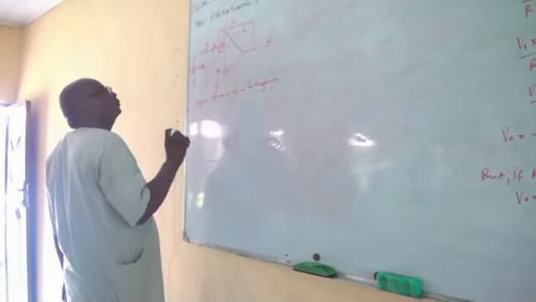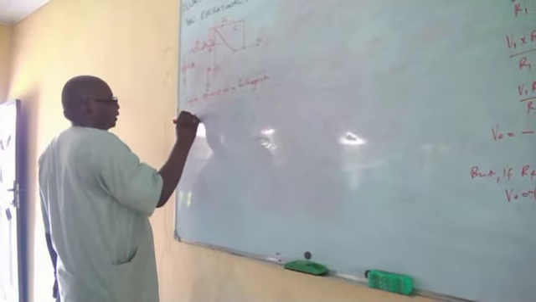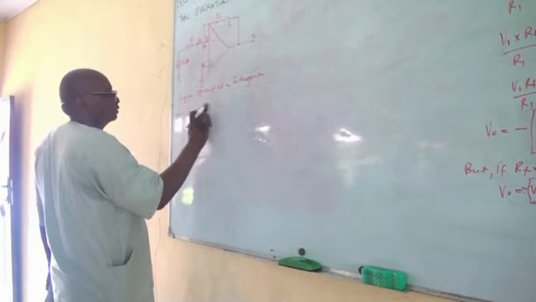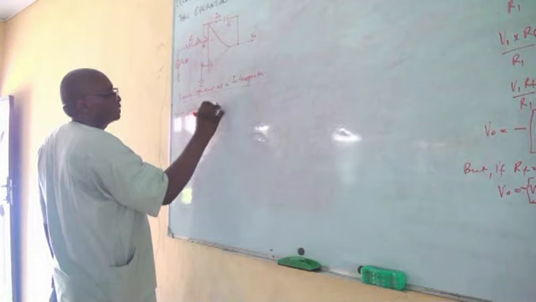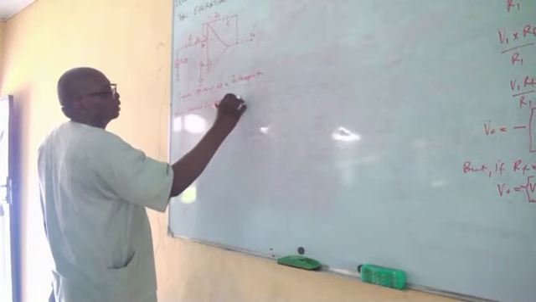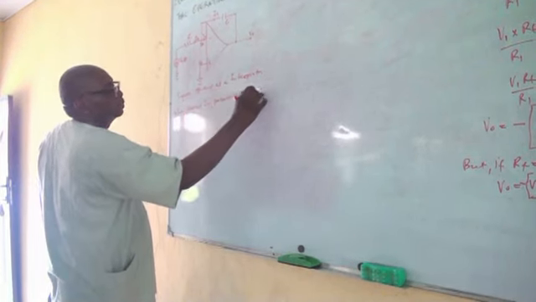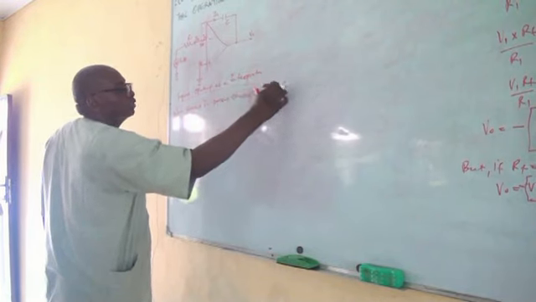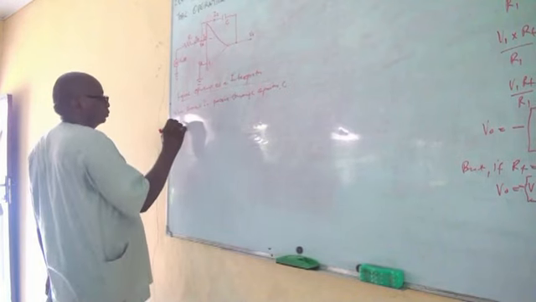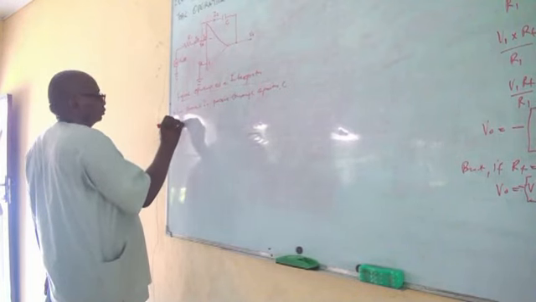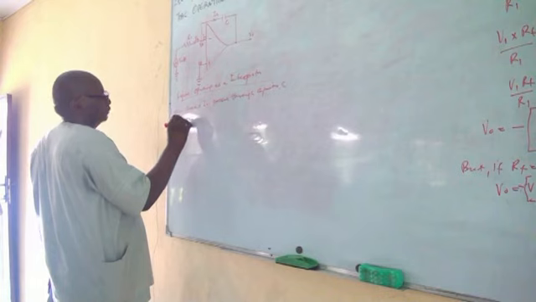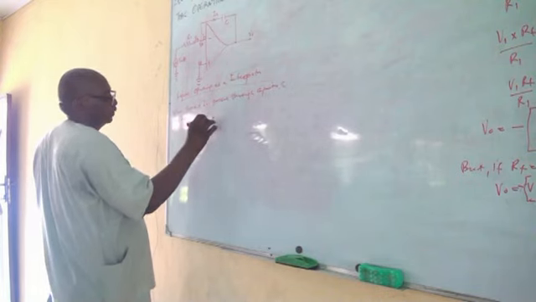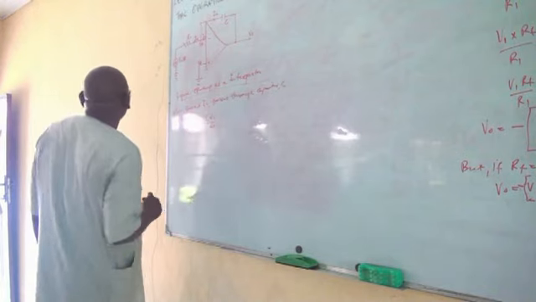Now, when current IC passes through capacitor C, we have IC equals C dV over dt.